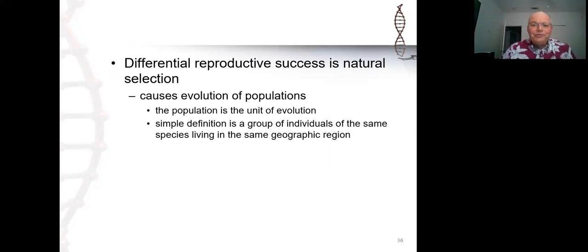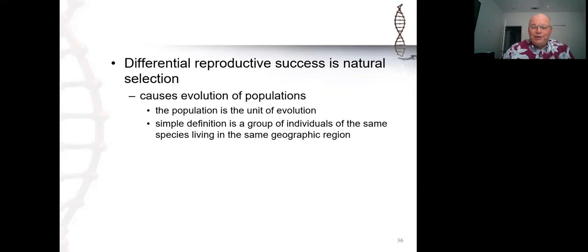If this occurs over time and across multiple generations, then each generation contains more and more individuals that look like the thrivers, the winners, the individuals with the best collection of traits, and the less successful individuals leave less and less offspring behind. And so by percentage, the population moves in the direction of the survivors.